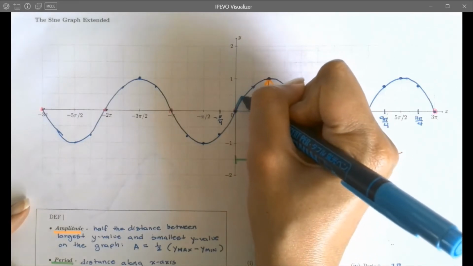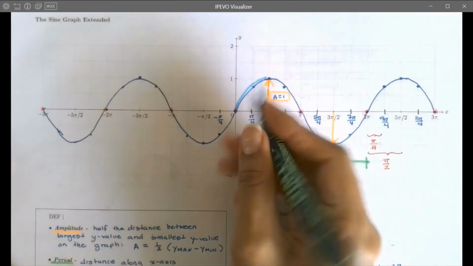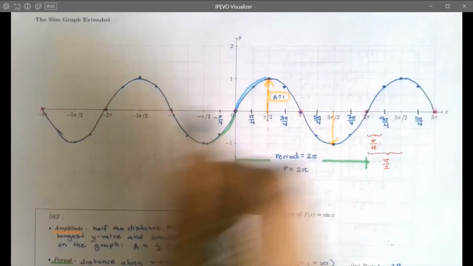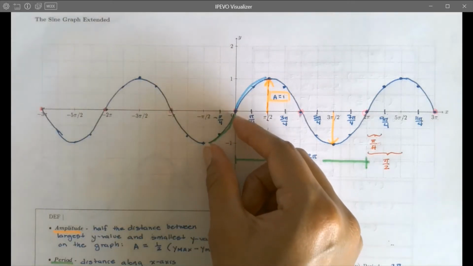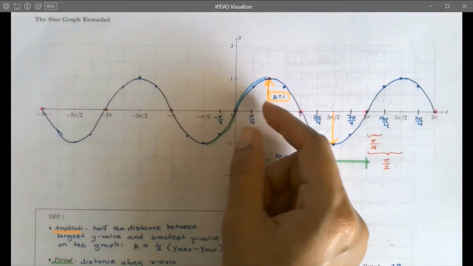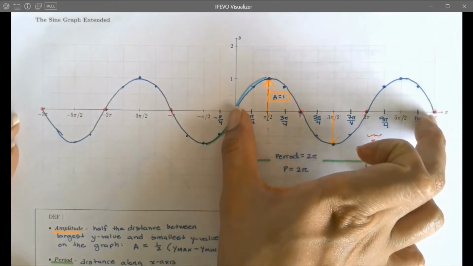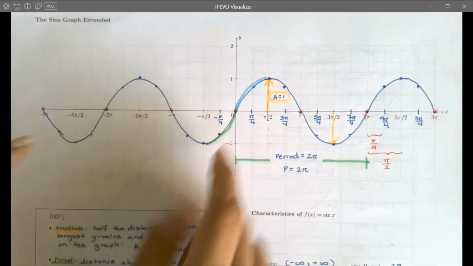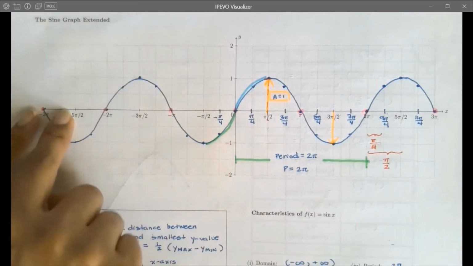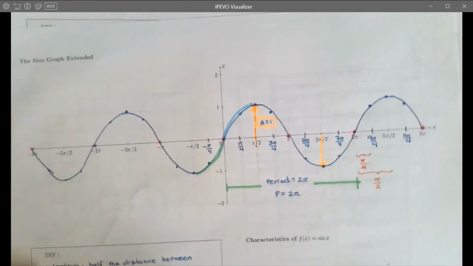If you focus just on this little piece of the graph and rotate it in this direction, it's going to lie directly above this portion of the sine graph. In fact, if you take this whole portion of the graph and rotate it about the origin, you're going to get this part of the graph. So sine is actually an odd function.